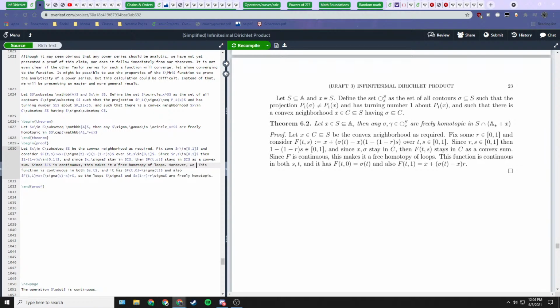Moreover, we have P1 of f(s, t) equaling this whole thing, P1 of all of this. And this is P1 of x times (1 minus r) plus P1 of r sigma. This is a constant, so it scales through like that. And then we just have P1 of sigma minus P1 of x.